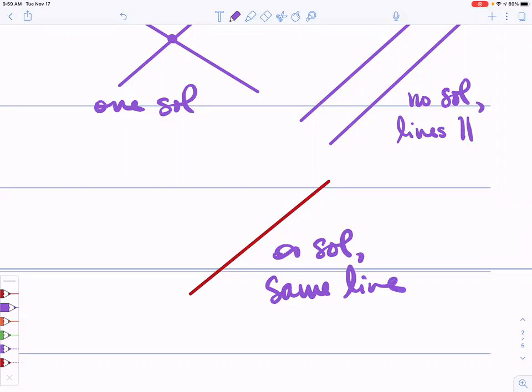Now, here's the thing. This guy, are these ever going to be equal to each other? No, they will never equal each other no matter how many values you try. How about these two? Are these guys ever going to equal each other? Well, yeah, like always. They're always equal to each other, right?